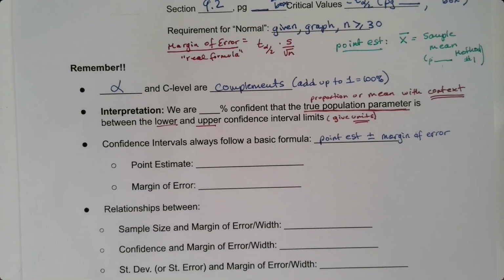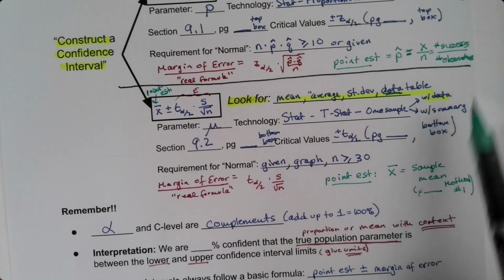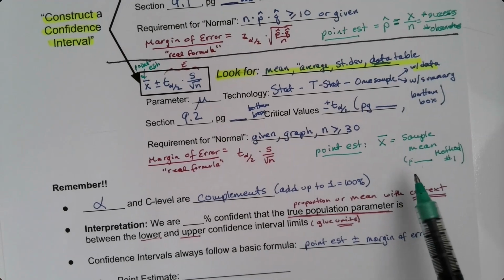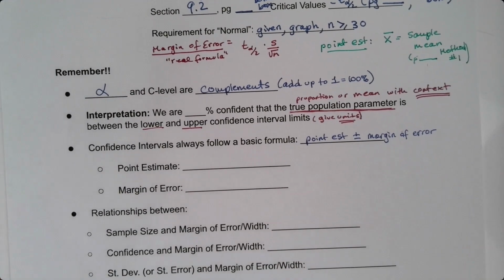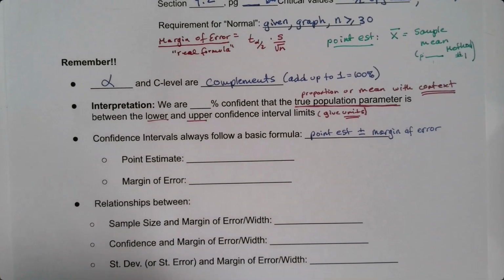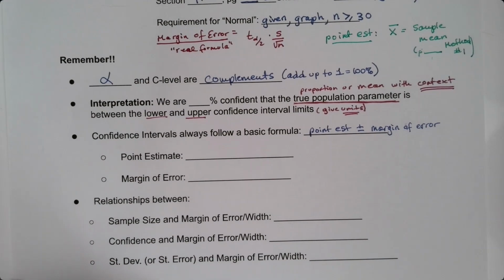Now, the point estimates, we've talked about them up above. The point estimates, the real things, are p hat or x bar. Now, sometimes we can find them a different way. So we're going to have kind of a backdoor formula, a cheating formula, to be able to find them.